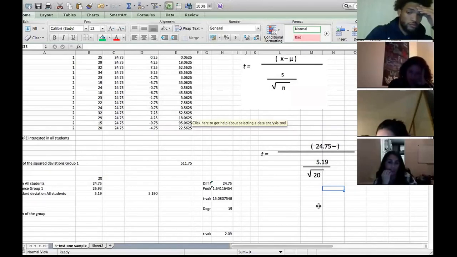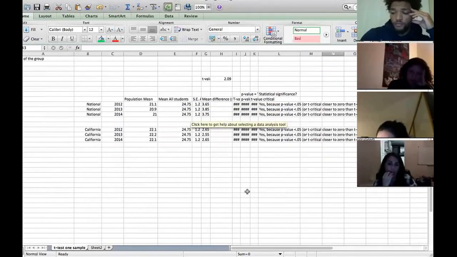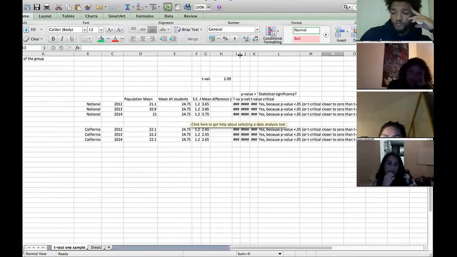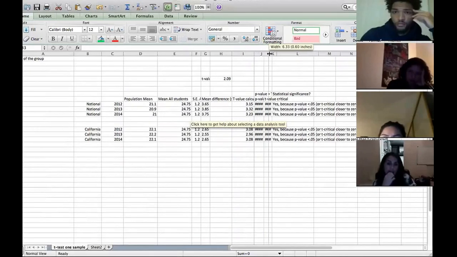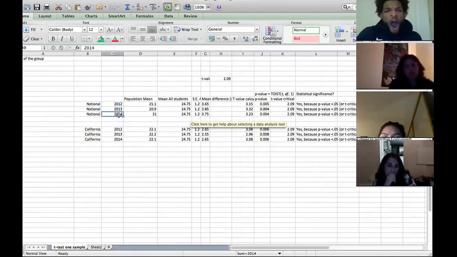What we're comparing it to is the population. So here is the tricky part, and I did it now for all the scores of the ACT from 2012, 2013, and 2014.